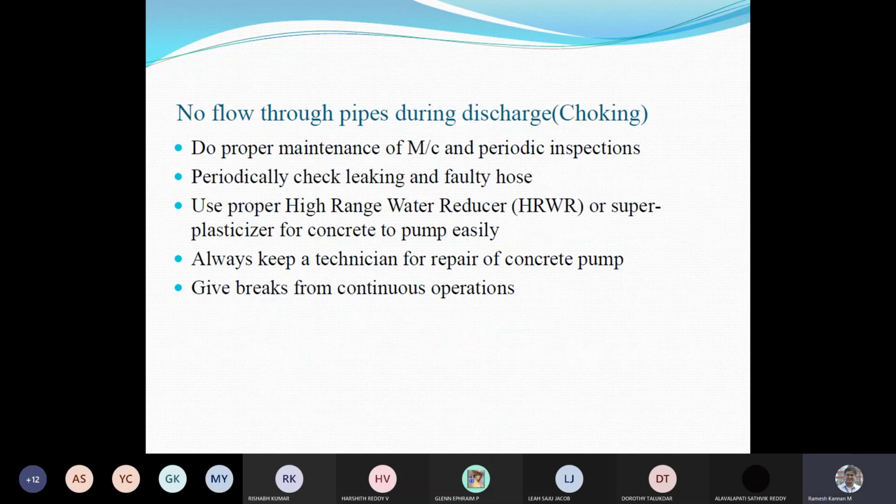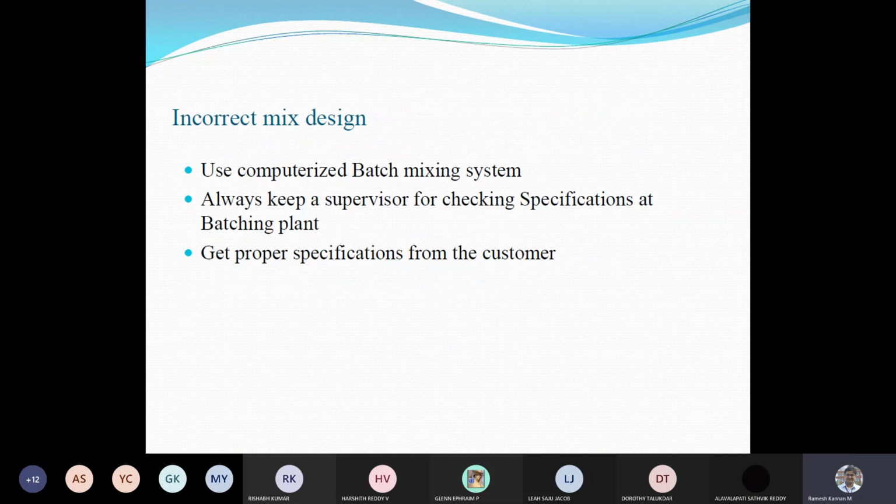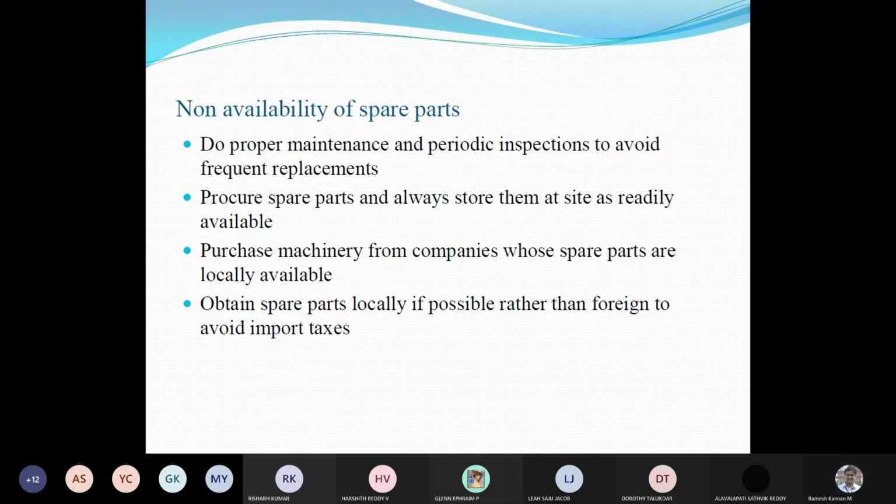Then the pipe gets choked during discharge of concrete. If it is for high rise concrete, then you should have an additional pump to raise the concrete to the top floors or upper levels or something like that. And for incorrect mix design, computerized batching is nowadays preferred over conventional or manual batching. For non-availability of spare parts, you can even put that in the budget.